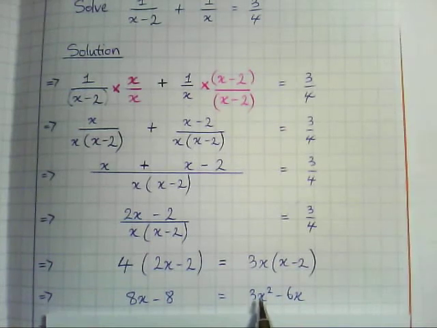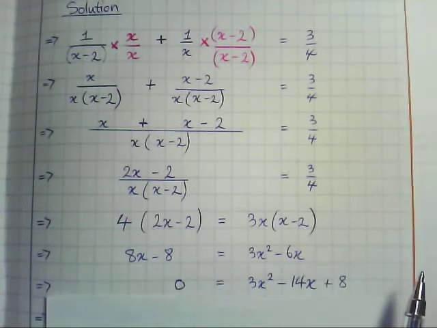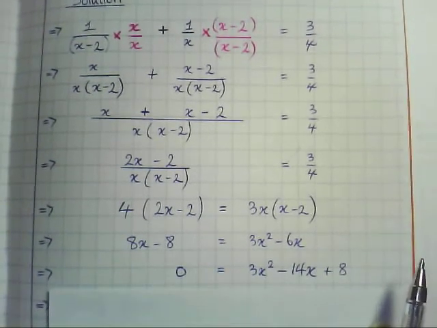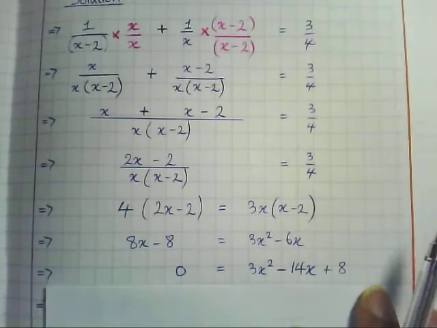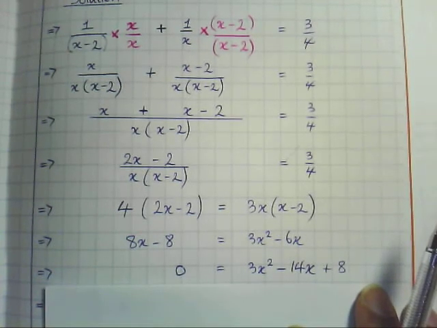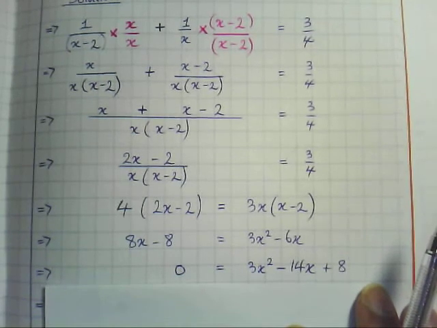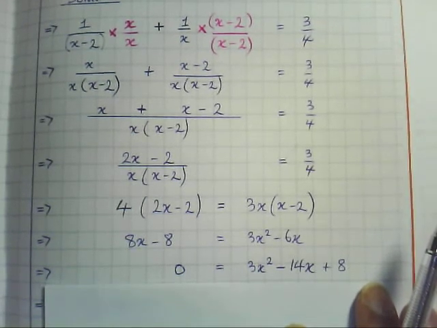So because this 3x squared happens to be positive, and we like to keep that positive, what we're going to do is we're going to subtract 8x from both sides, and we're going to add 8 to both sides. And if we do that, we end up with this equation. And what we can do is we can then switch those two around. So we get 3x squared minus 14x plus 8 equals 0.